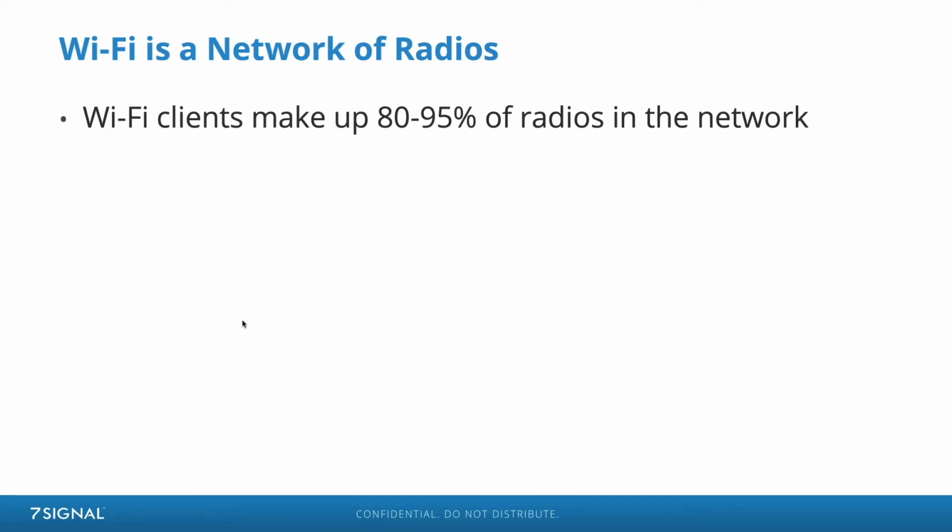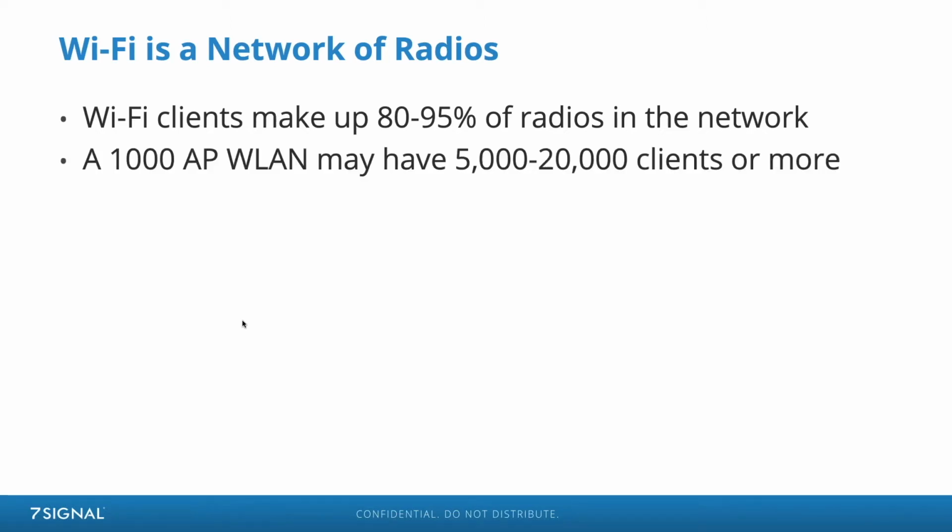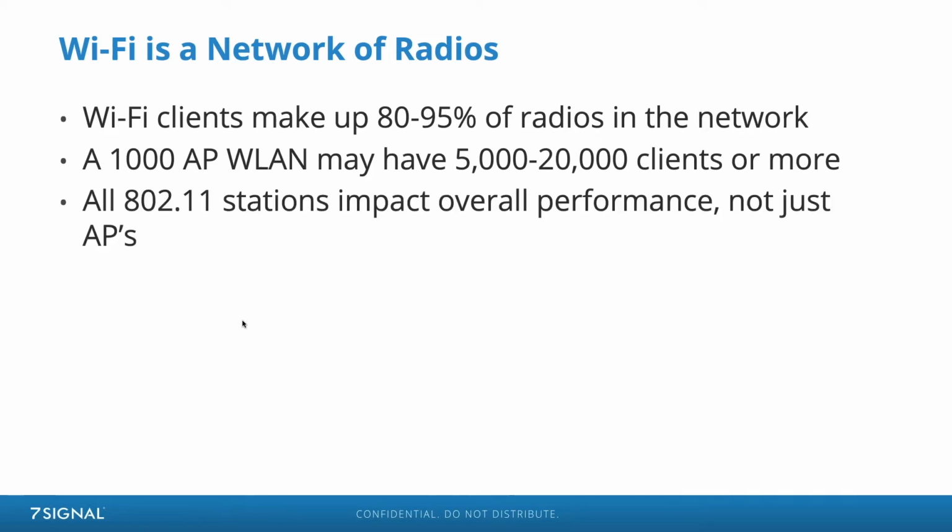So even though a different group outside of the network team may be responsible for them, they're a huge part of your wireless network, and they need a lot of attention. With 1,000 APs in the network, you could have 20,000 clients, maybe a lot more in a stadium environment, for example.